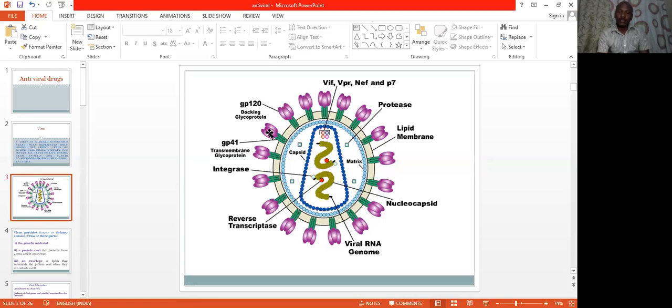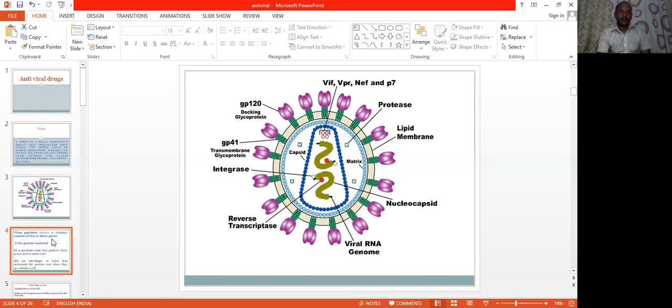And one more very important thing in the virus is the Gp120 protein. This is also a glycoprotein, a docking protein, meaning this protein recognizes the cell surface of the infected cell, whether humans, bacteria, plants or any other kind of animals.